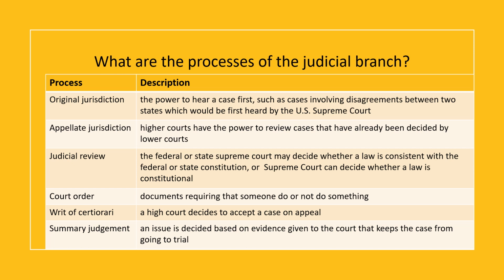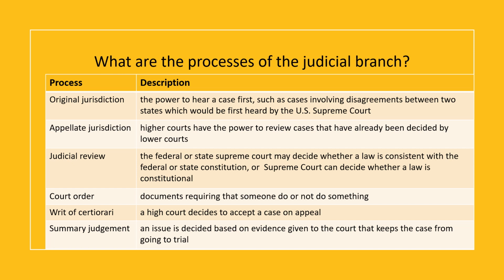Now, judicial review is a concept that allows the federal or state Supreme Court to decide whether a law is consistent with the federal or state constitution, or the Supreme Court can decide whether a law is constitutional. This concept of judicial review was determined to be part of the Constitution, based on the powers that the court has, but the actual phrase judicial review does not appear anywhere in the U.S. Constitution.